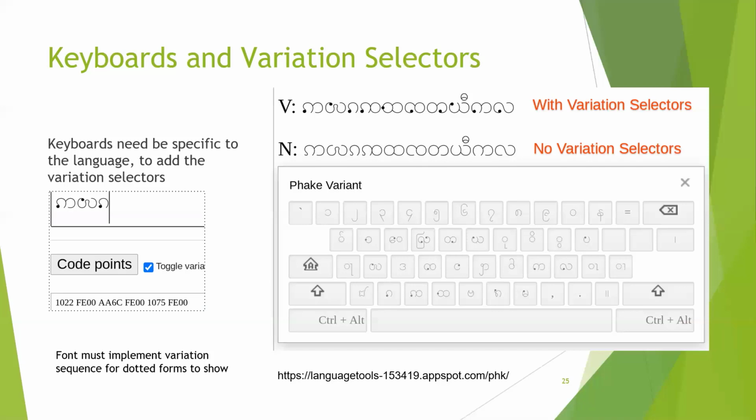FE00 is the code for the first variation selector that's used with these particular characters. The font has to implement the variation sequence for dotted forms in order for them to show. So there are two problems: typing and the fonts not being completely ready for the display of these characters.